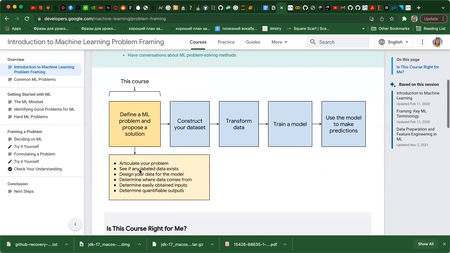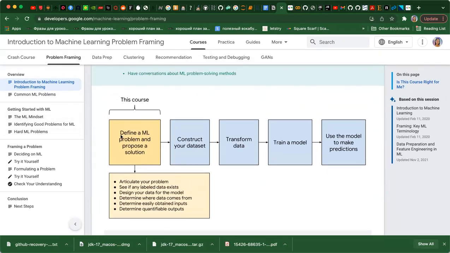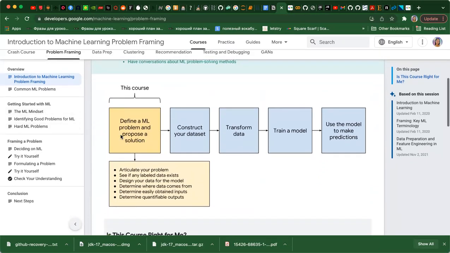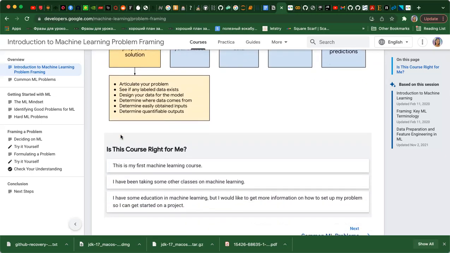And if you were present during our info session, we already covered most of the material that time. But for the first session, I think it's good to refresh the knowledge and check yourself by answering questions in Try It Yourself and check your understanding. Okay.